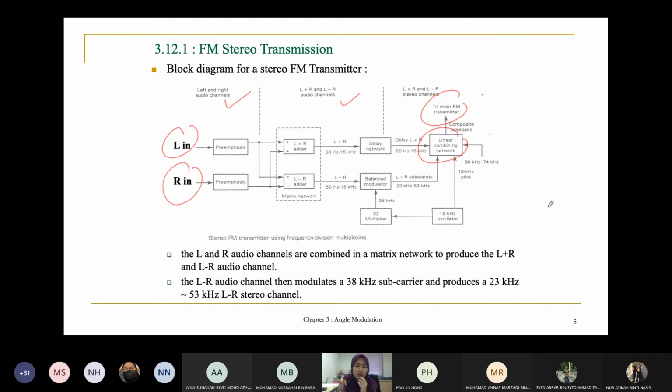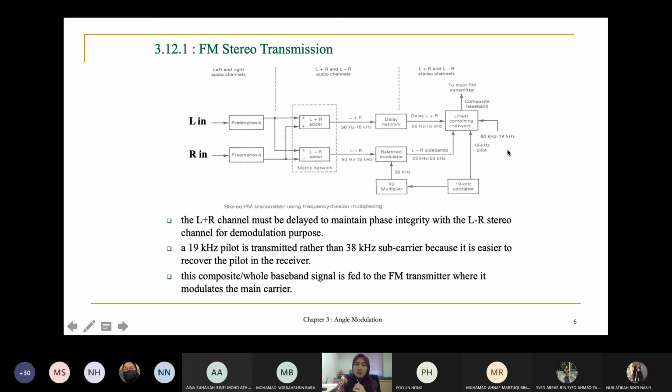I just want to show you the application of angle modulation, and one of them is FM stereo, and in general how FM stereo works. It is a combination of the signal from the left input and the signal from the right input, combined together by the linear combining network. And then this is the FM stereo transmission.